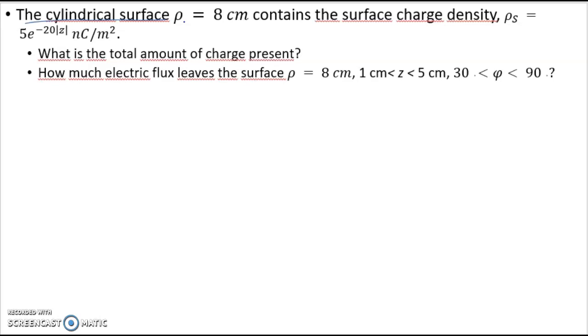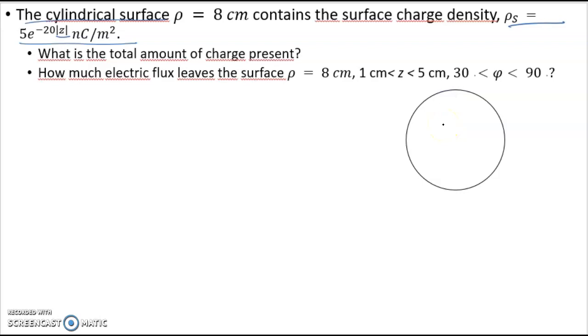However, if we look closely at the charge distribution, we will see that it depends on z. So we can suppose that the cylindrical surface actually will look something like this. I'm going to exaggerate it.